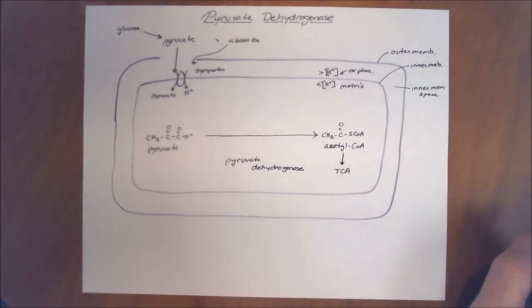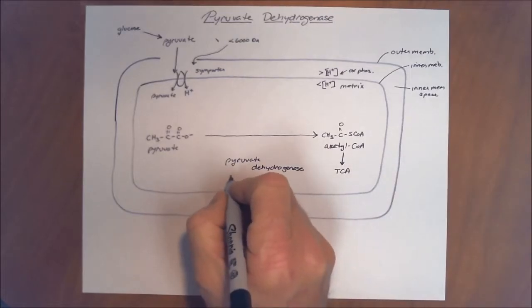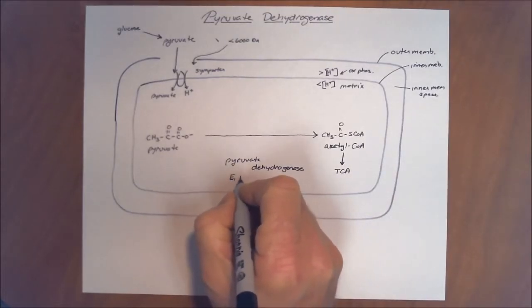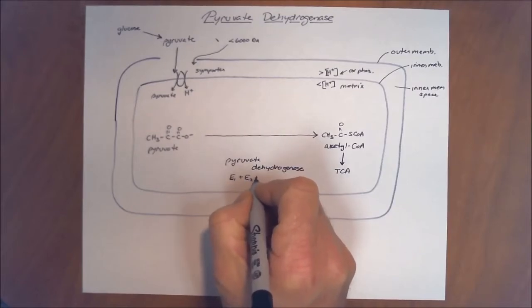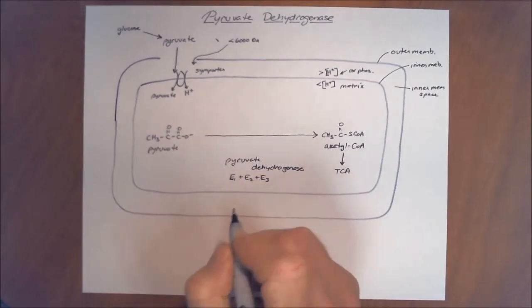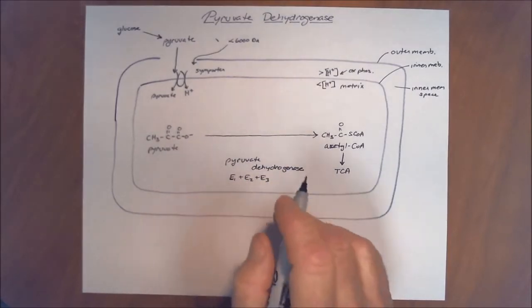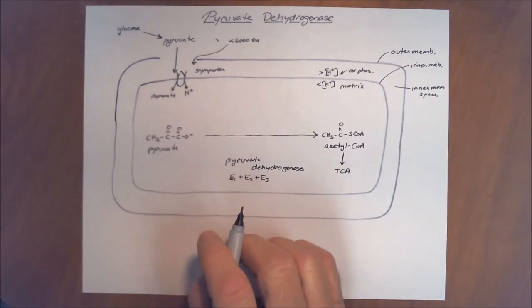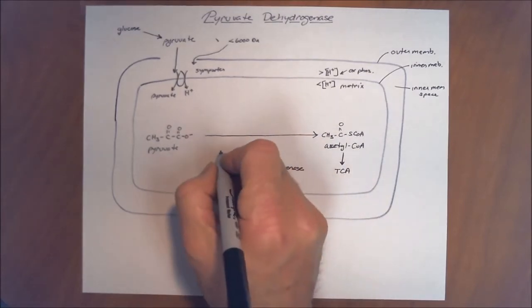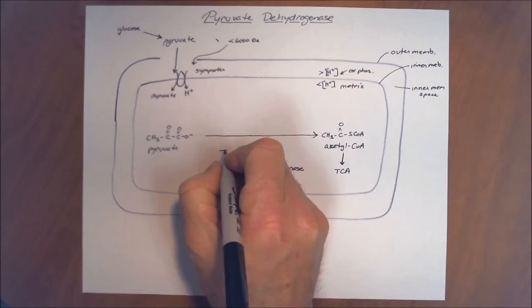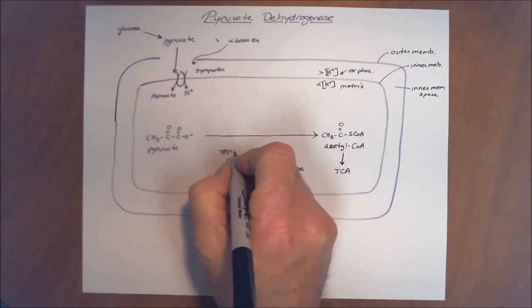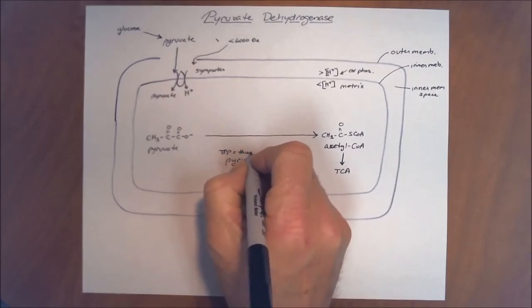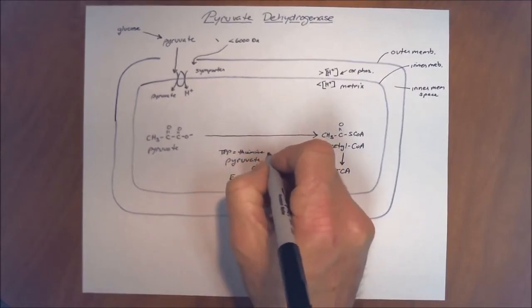Now the pyruvate dehydrogenase enzyme is a very large complex. It consists of 3 complexes of enzymes. They are designated E1, E2, and E3. But the most important part of this is the cofactors that are involved. One cofactor is abbreviated TPP, which is thiamine pyrophosphate.